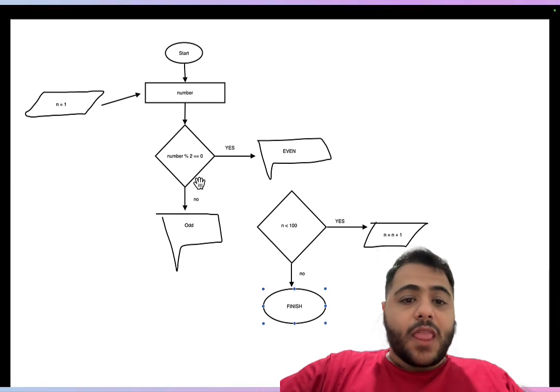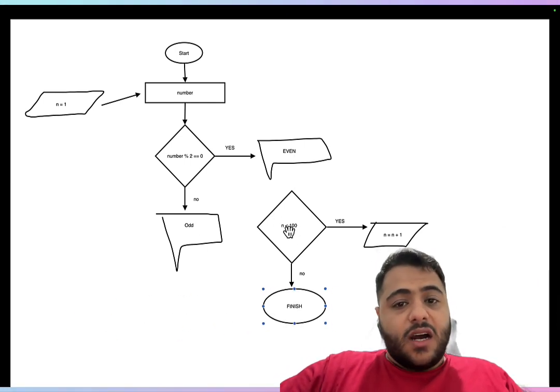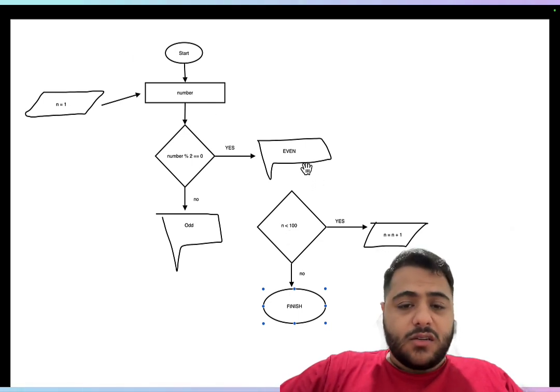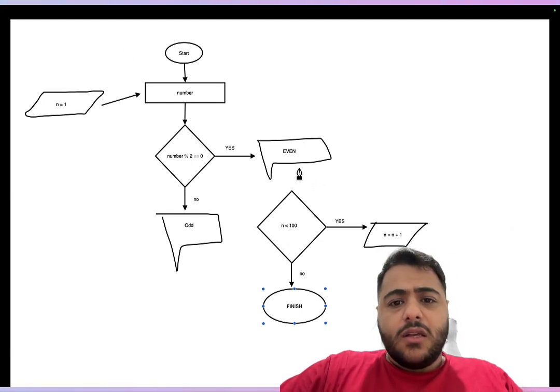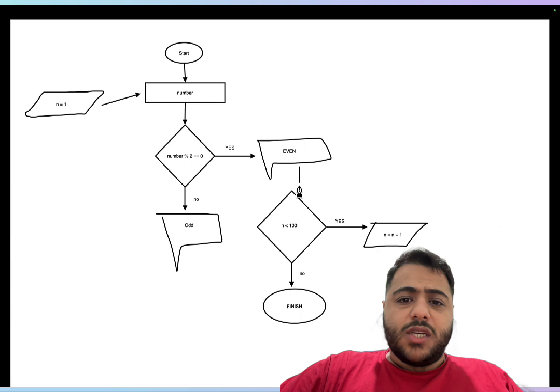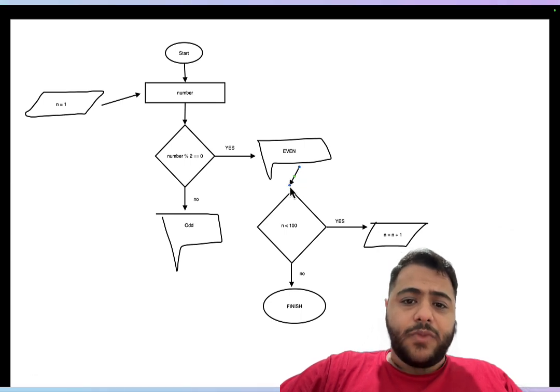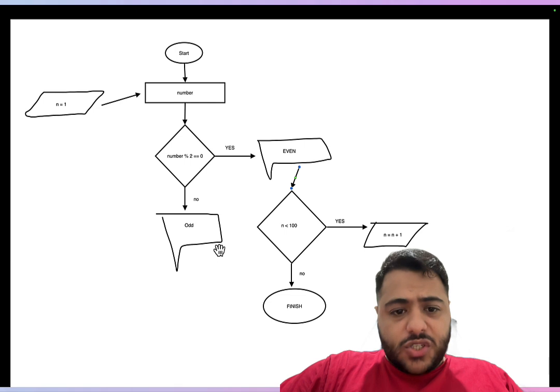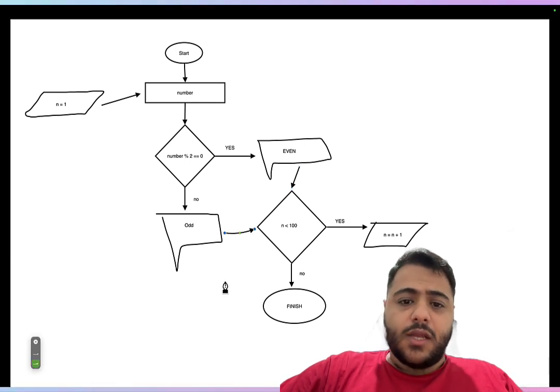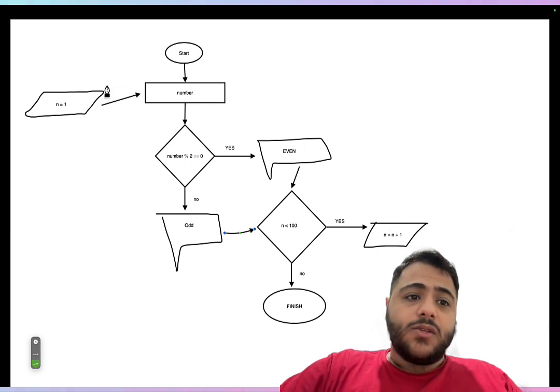Actually, if n is not less than 100, we are done completely, I believe. So after printing out odd or even, we're going to reach this condition here.